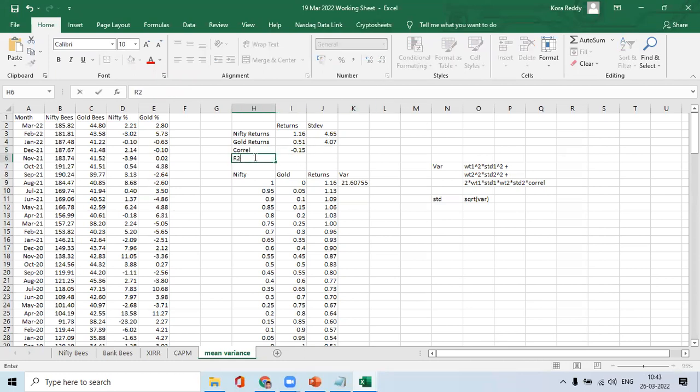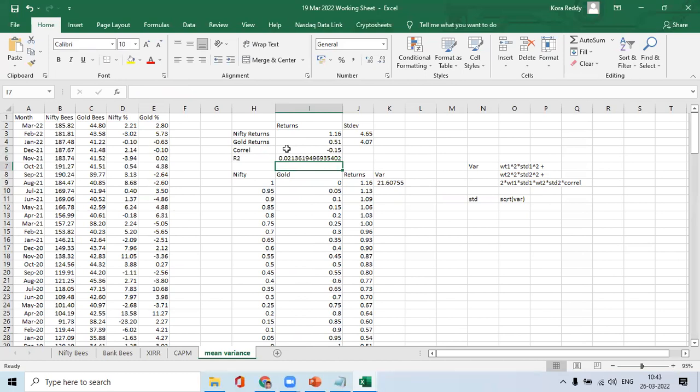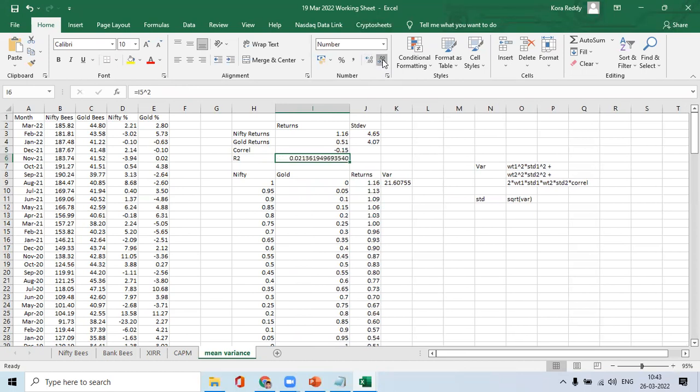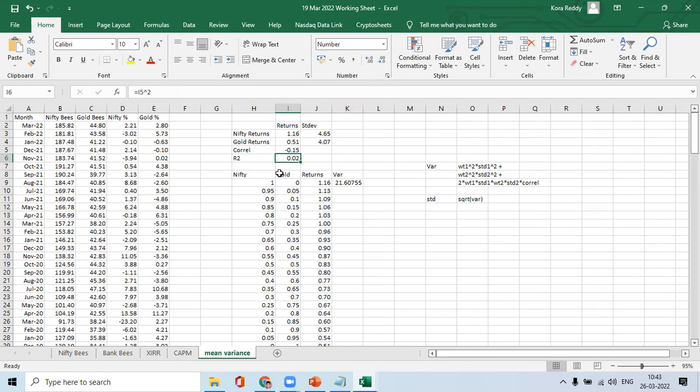But if you just do R2, if you recall last class, this is a square of this, right? So it's a very low R2.